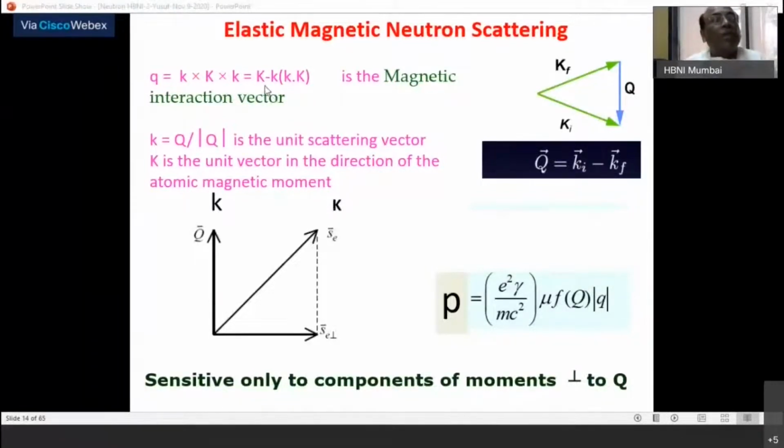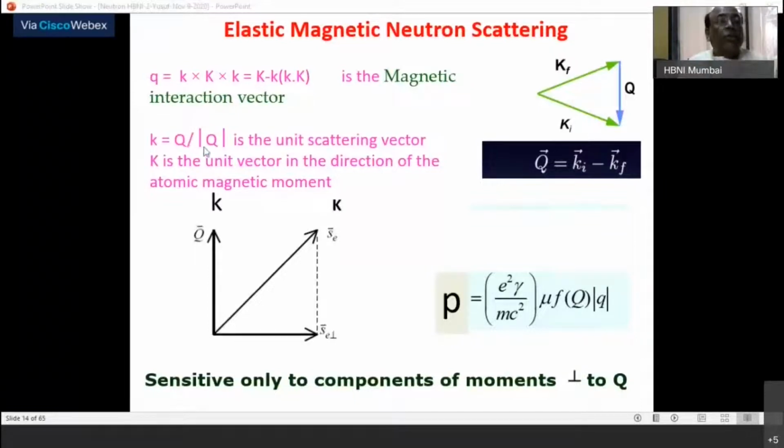Now, how does this interaction work, the so-called neutron magnetic moment interaction? There is something called the magnetic interaction vector Q, and it is small k cross capital K cross small k, and if you expand it, it is capital K minus small k times the dot product of small k and capital K. Now, what is small k?